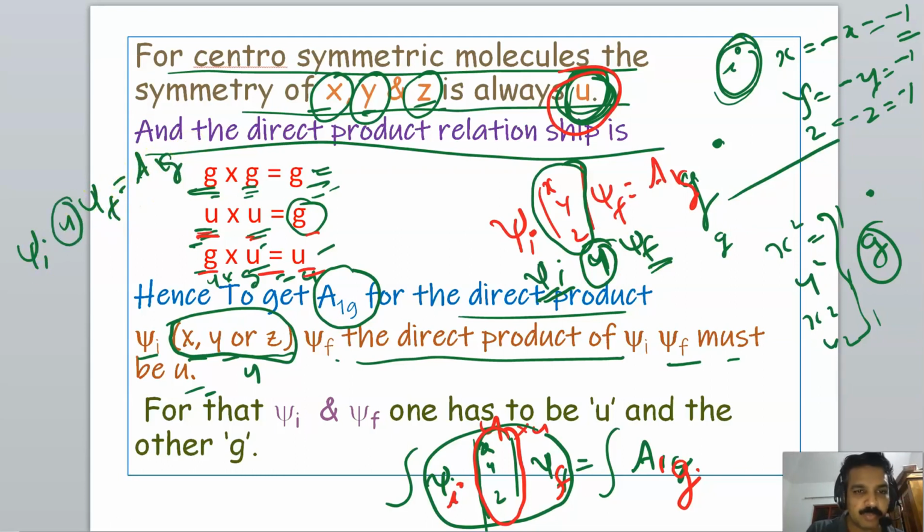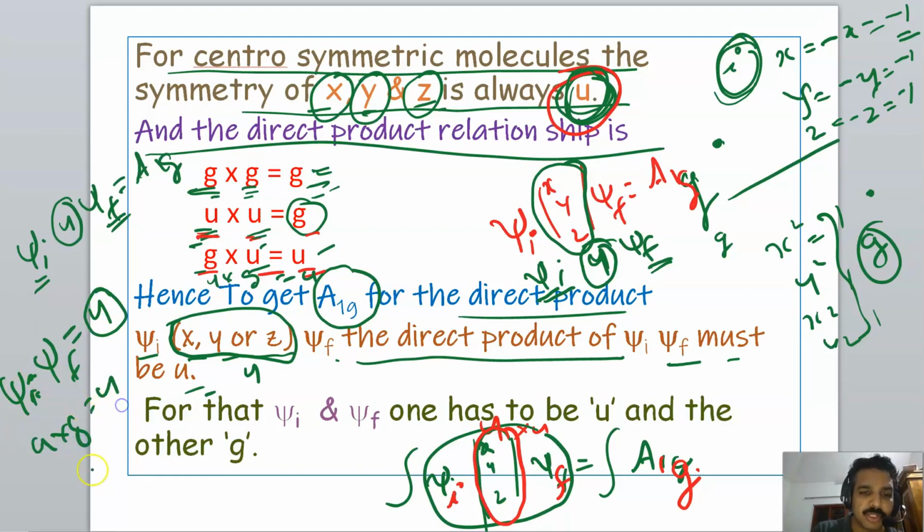Since x, y, z is equal to u, to get A1g the direct product of psi I and psi F should be u. Then only u into u is equal to g. And to get psi I into psi F equal to u, one of psi I or psi F should be g and the other should be u, because we get u only in the case of u into g is equal to u or g into u is equal to u.